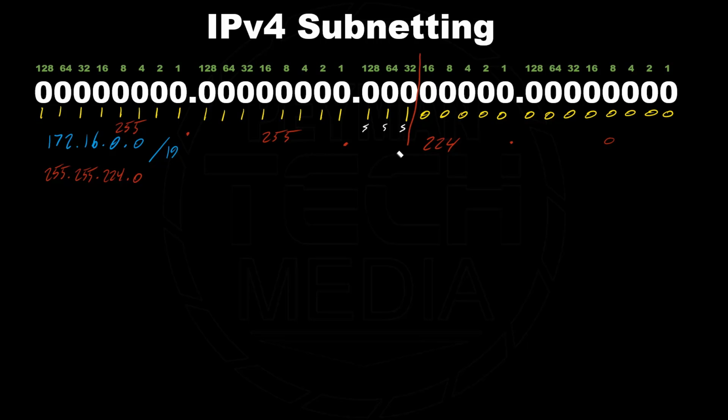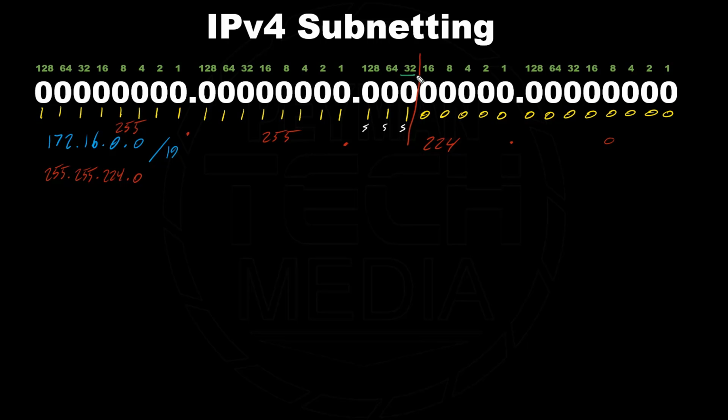The second step, we need to find our network increment, or block size. How can we find it? Simply put, look at the decimal value of the last bit that is turned on, in this case 32. That's our network increment or block size.